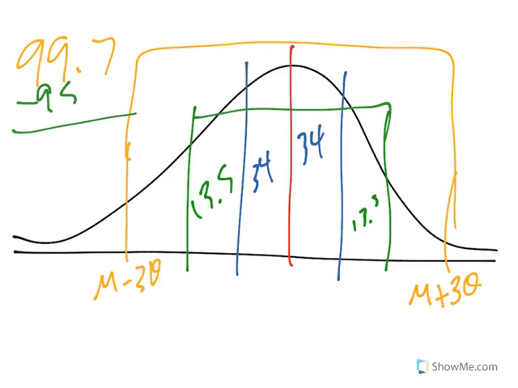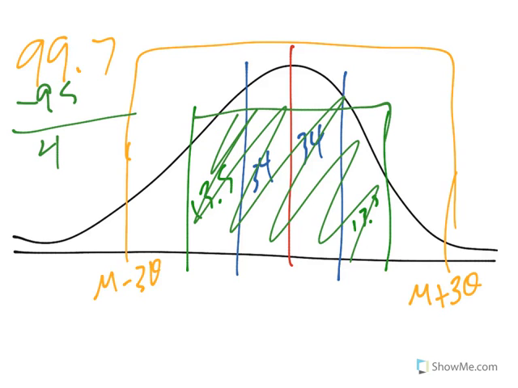So if I take out the 95% of the green box, all of this in here, I end up with 4.7%. If I then divide that by 2, because again we're symmetrical, that gives me 2.35%. Goodness gracious, I'm struggling today. 2.35. So that's where those numbers all come from.